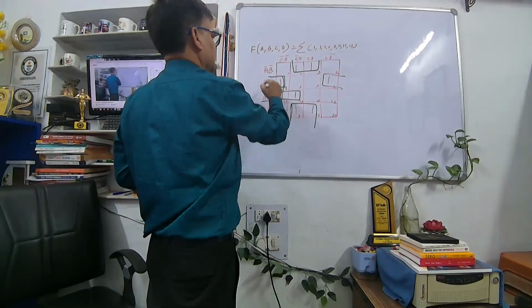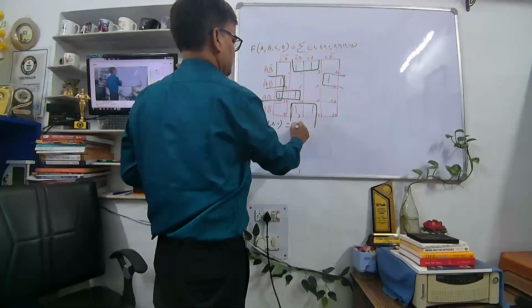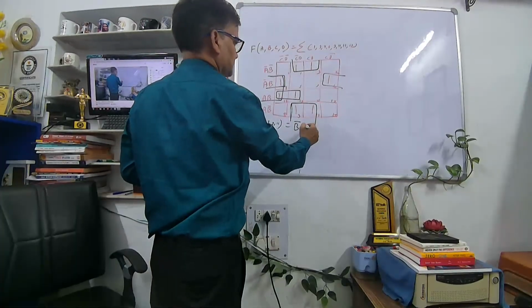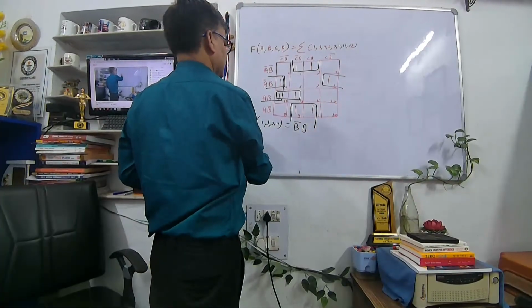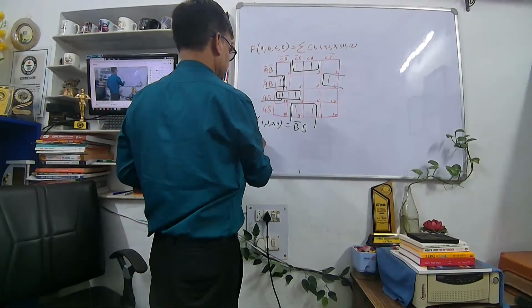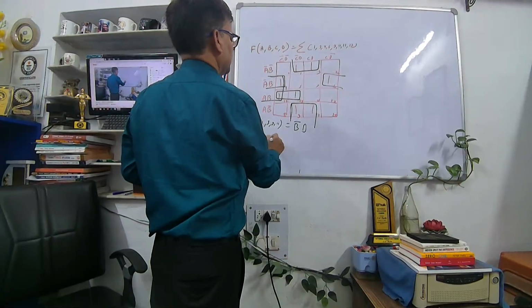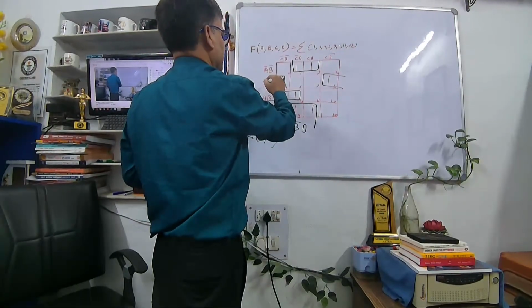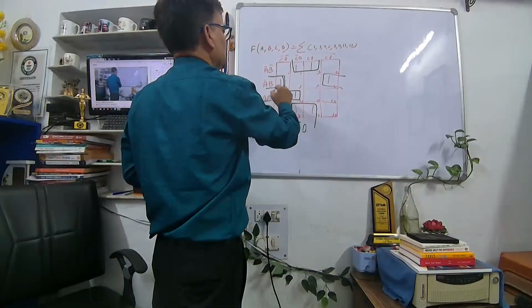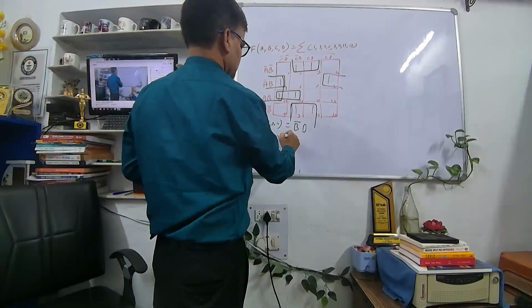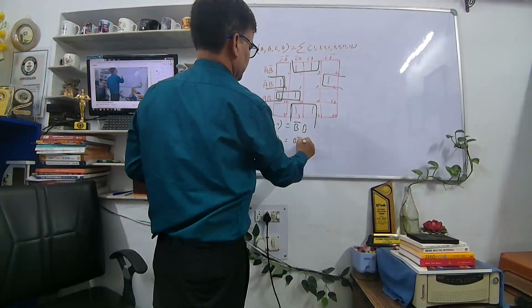A bar cancels, so I'm left with B bar, and here I'm left with D. Again, a pair between 4 and 12. Here A bar cancels, this is B, and here C bar, D bar. So this is equal to B, C bar, D bar.